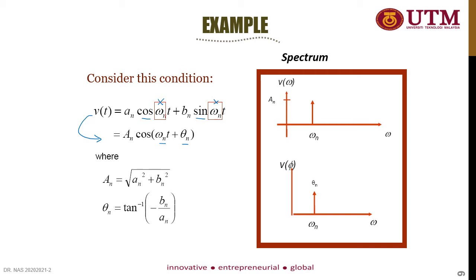To calculate the An, it is equal to the square root of an squared plus bn squared, and theta n is given by inverse tangent of negative bn over an. So this is basically the coefficient of the function. Please notice that an is for the cosine equation, while bn is for the sine equation.